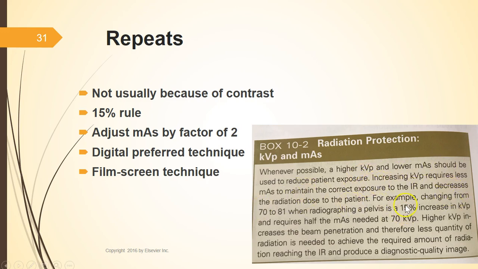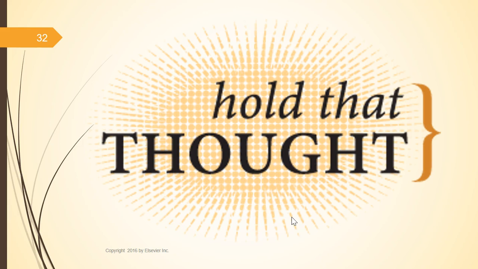For example, changing from 70 to 81 in a pelvis is 15%, and it requires half the mass needed at 70. Higher kV increases beam penetration, therefore less quantity of radiation is needed. By doing this in this range, then you have actually decreased the exposure to your patient, but you've gotten a better image. So, hold that thought.